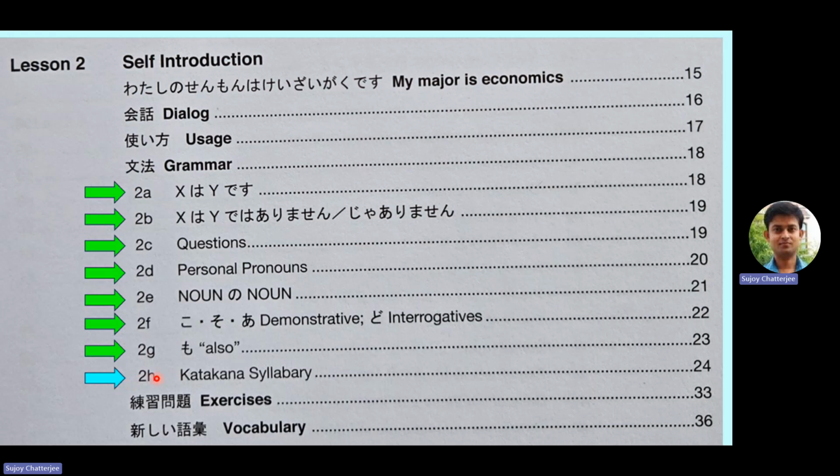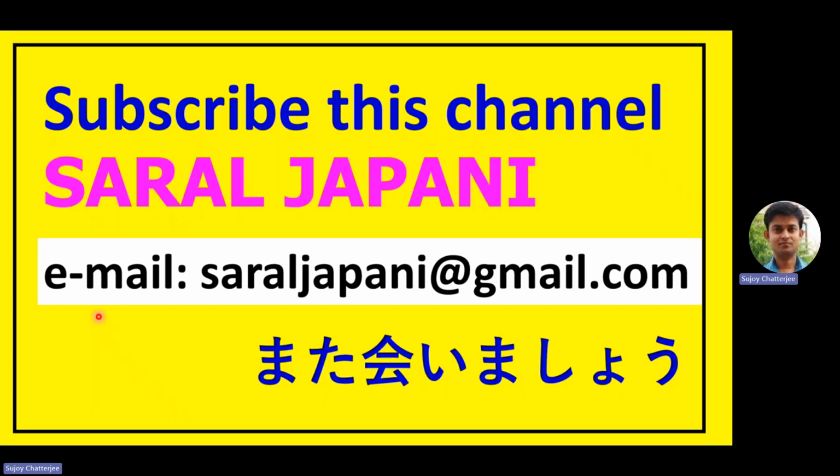We have started 2H, but we have not completed it yet. And once we do that, the grammar content of lesson 2 will be complete. So we will continue with learning the katakana and the rules of conversion of foreign words into Japanese using katakana in the next video. So that's all for today.